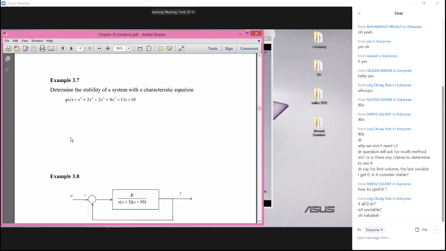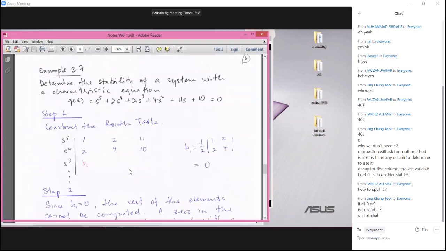What happens if one of the elements in the first column is 0? Then you cannot proceed because the multiplier now becomes -1 divided by 0. Take example 3.7 here. When you fill in the first two rows and then compute the first element of the third row, you get 0 there. You cannot proceed to the rest of the rows because the next multiplier will be -1 divided by 0.